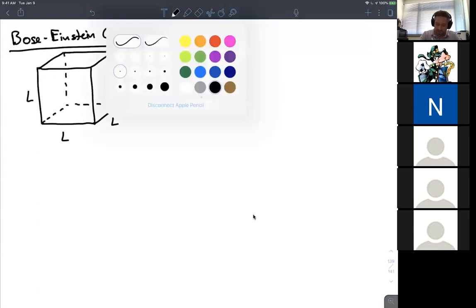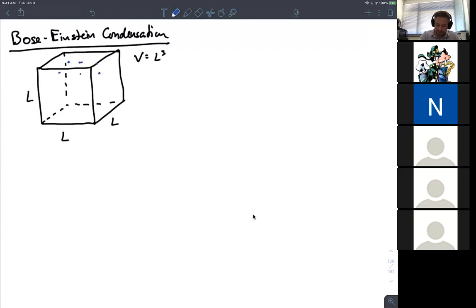And into this box, we are going to throw particles. There they are. Okay, now again, whereas what we did on Wednesday was we talked in detail about what happened when these particles were massless and zero chemical potential, that is photons. Today we're going to see what happens when they have mass, that is, they are material particles.